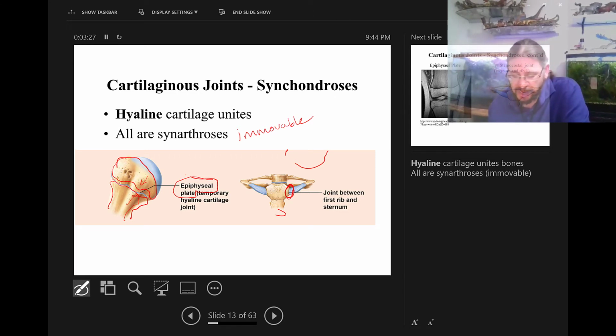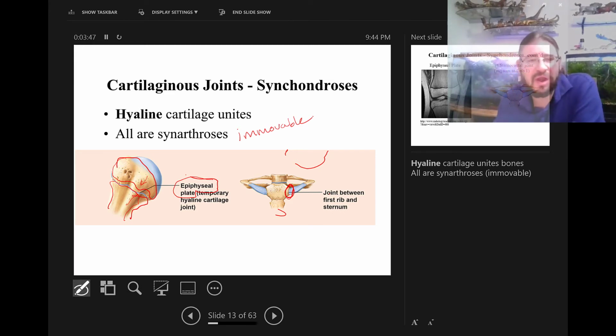So not too bad. So wherever you have hyaline cartilage sealing two bones together, that's the big thing that's different between the synarthrotic joints we've seen before.